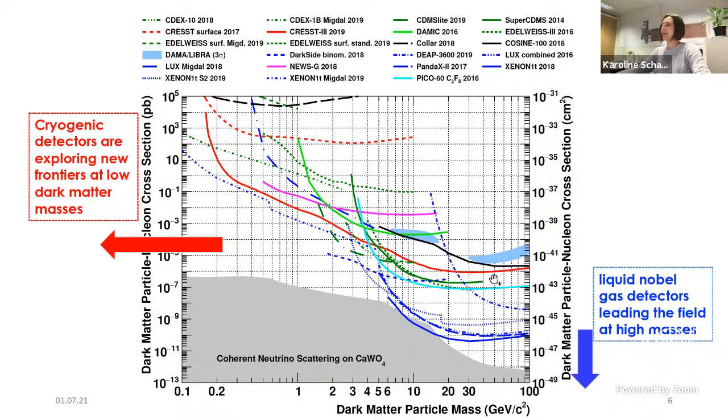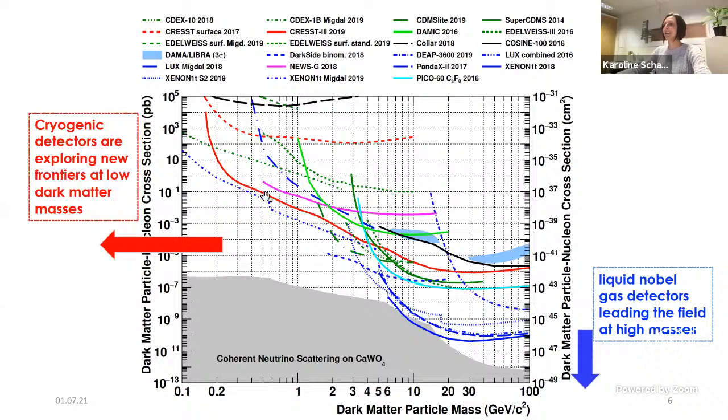So they are experiments which can have a large exposure now in the ton and multi-ton scale, and this gives them sensitivity moving downwards. Whereas if you want to move to lower masses, your detector also has to have a low energy threshold. So in this region here, there are quite different technologies, and mainly the solid state detectors.